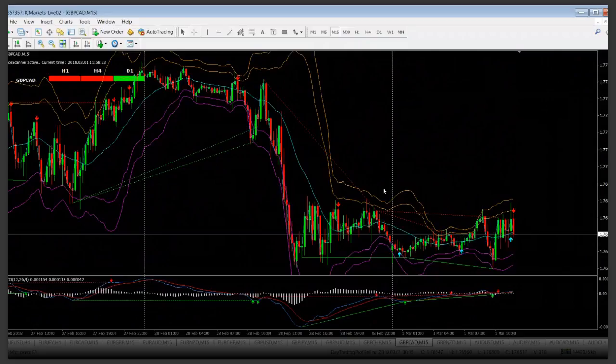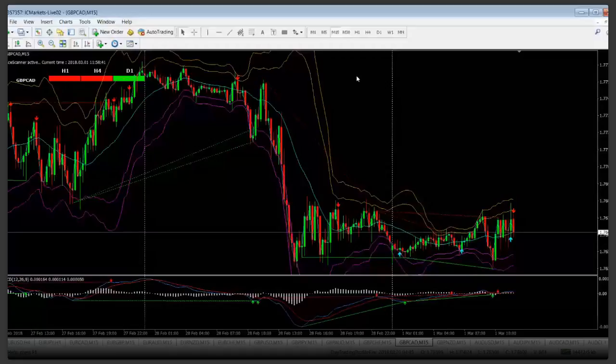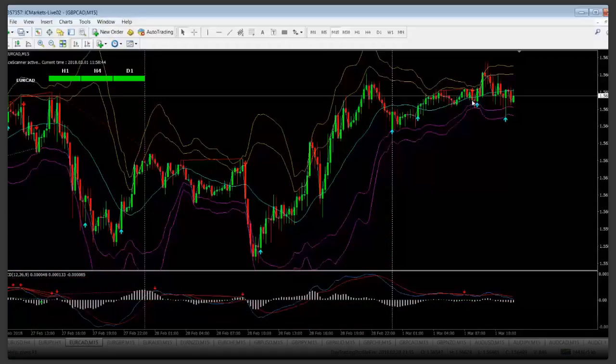Minus 8 pips on the pound CAD at the minute. I'm going to hold that for a bit longer. The Euro CAD's still break even. Let's check. Yeah, that could be coming into profit very soon.